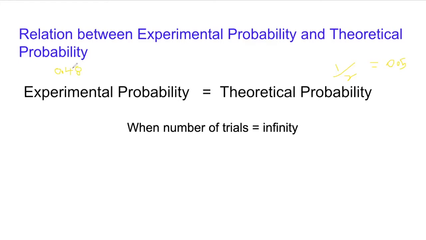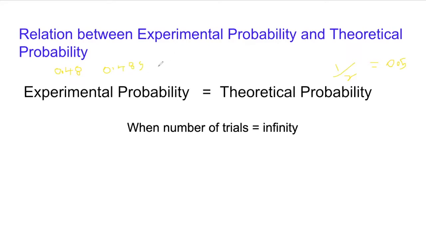If you perform it 100,000 times, it might become 0.49 or 0.485. Similarly, if you do it 10 lakhs, 100 lakhs, and 100 lakhs is 1 crore times.